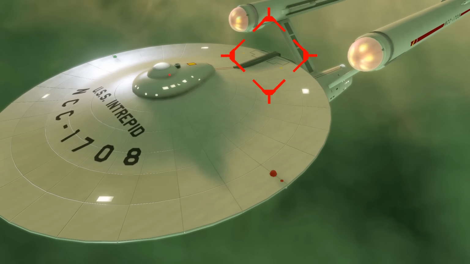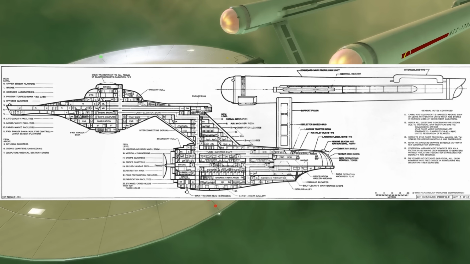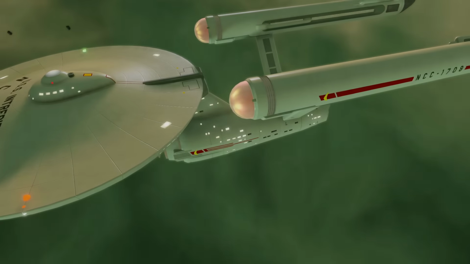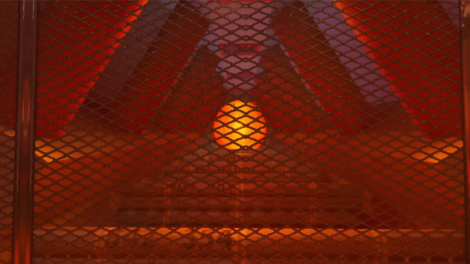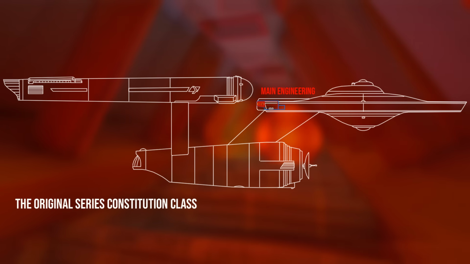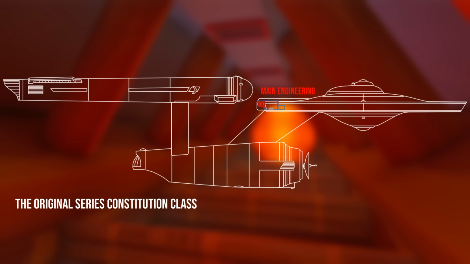Early schematics of the Enterprise, made for licensed merchandise therefore, also placed Scotty's engine room there at the rear of the saucer section. This means that the long red hallway of tubes we see in the back of main engineering is not the inside of a nacelle, but the impulse engines?